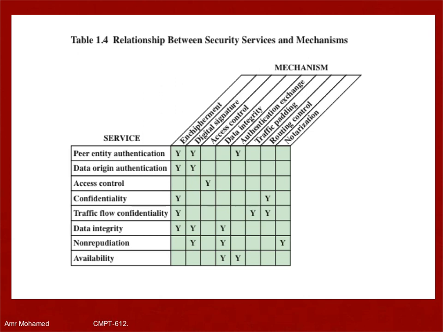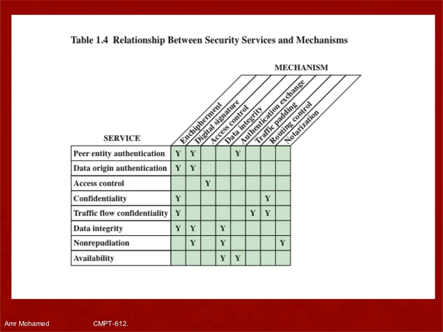So for example, for authentication, we probably do encipherment sometimes because we need the password not to be exposed. We have to use digital signature to provide origin authentication, and we have to do authentication exchange.